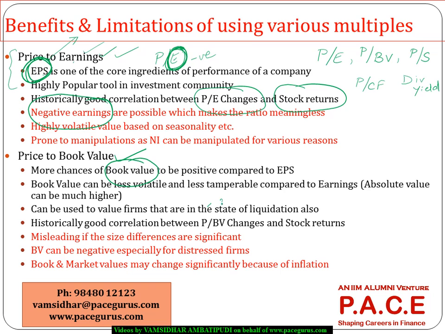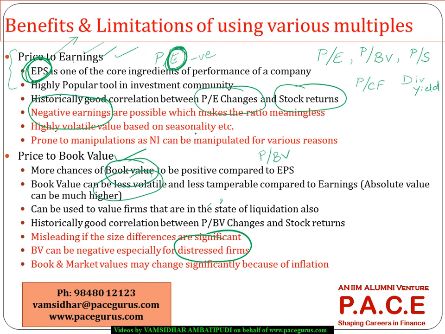But in general, we see that the book value is more or less positive. So the price to book value ratio is much more reliable compared to P by E, and even the book value is less volatile.